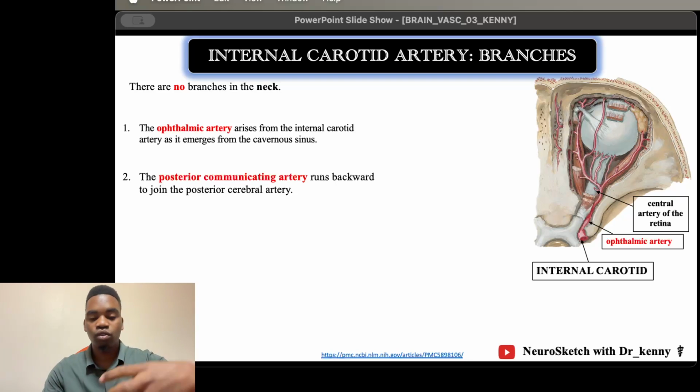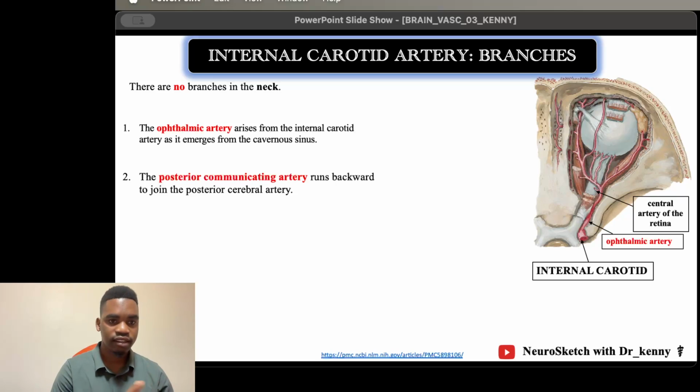It is a branch of the internal carotid artery. We have some other literature that says it is a branch from the posterior cerebral artery, but for the matter of this discussion, we term this as a branch of the internal carotid artery, and we'll have some references about that.